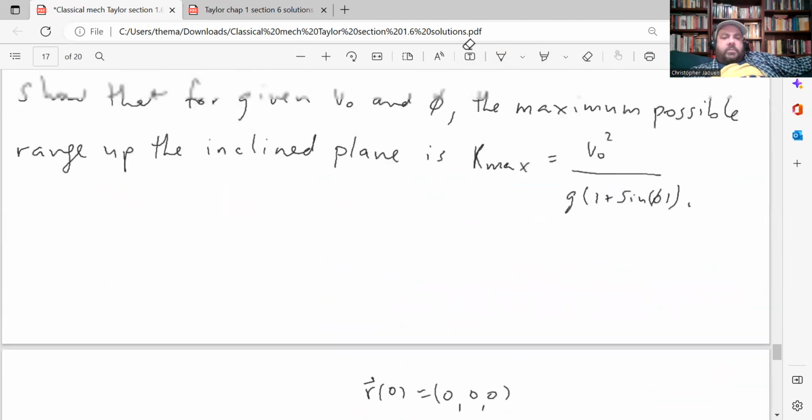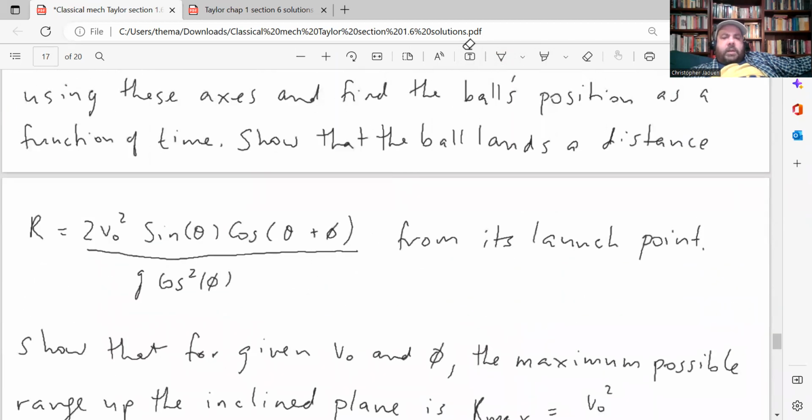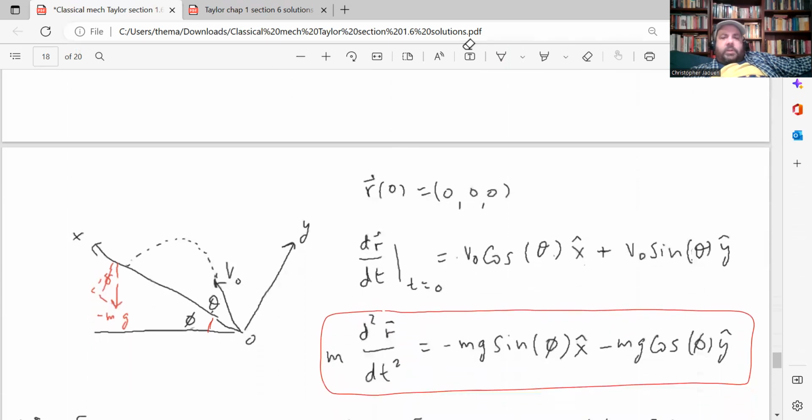First, they wanted us to show that the ball lands a distance of this quantity from its launch point. Just to go back to the picture for a second, we're throwing this ball at an angle theta from the plane, or the hill, and the hill is at an angle of phi from the horizontal.